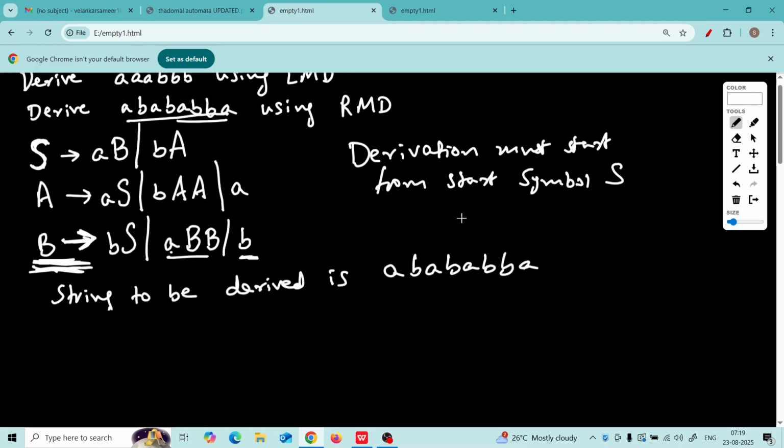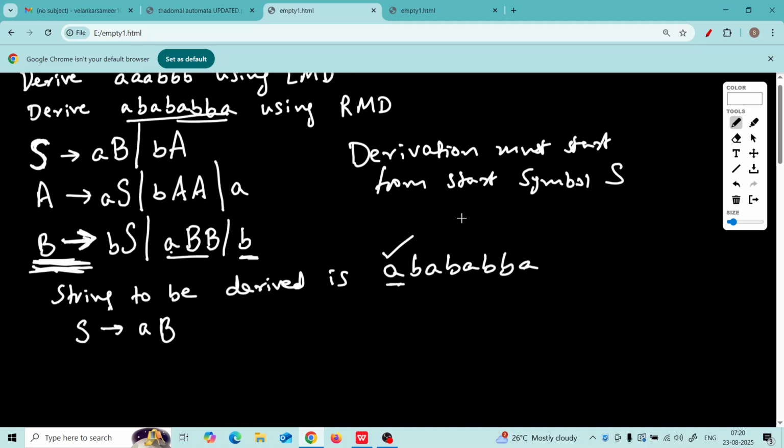Okay, tell me, if you start with start symbol S, what is the first letter you want? A. So obviously you will not go for S derives BA, correct? Again the same story, because the first letter you want to generate is A, so you will use S derives AB. Done. First letter is generated.